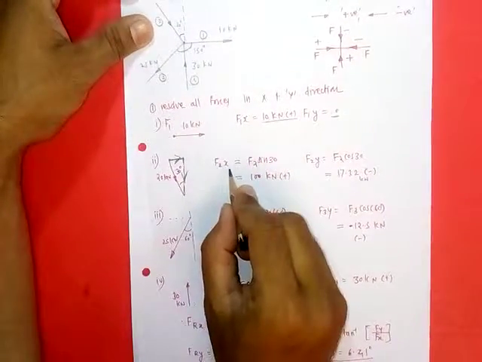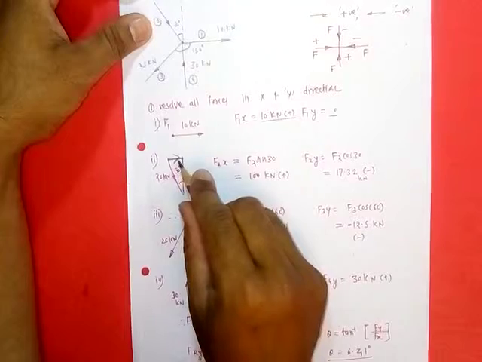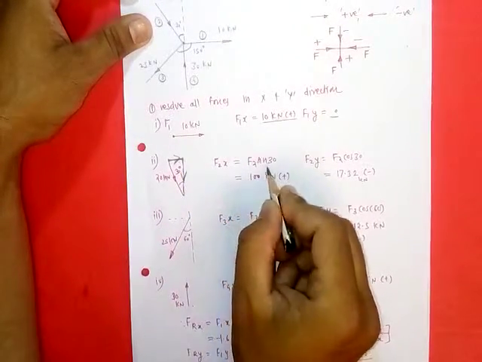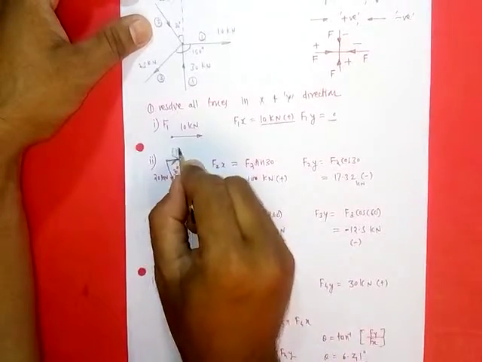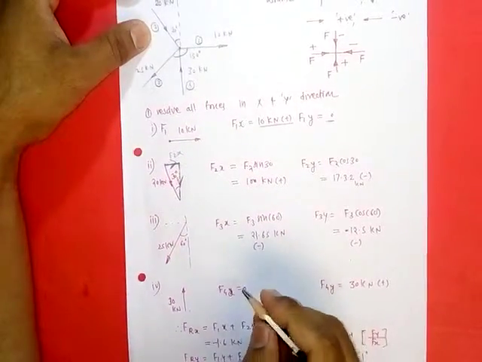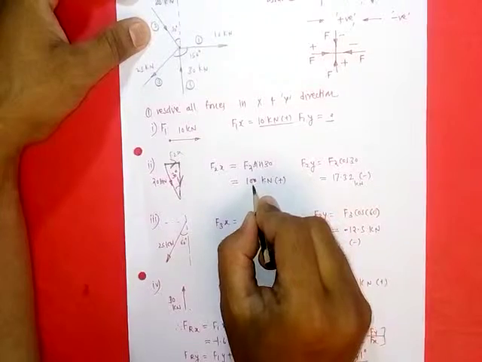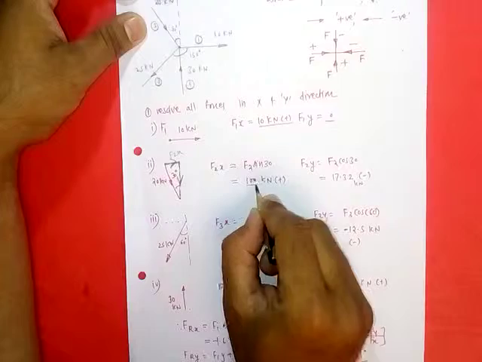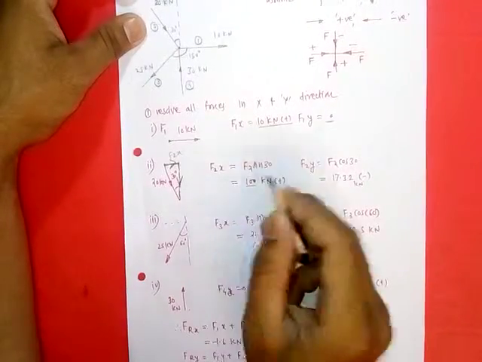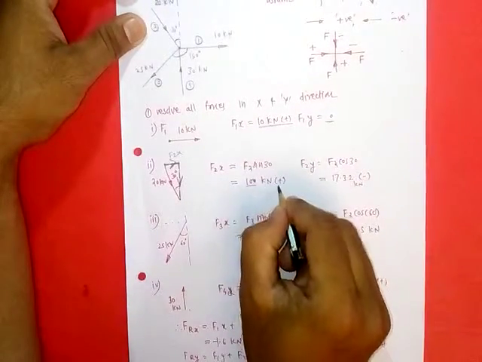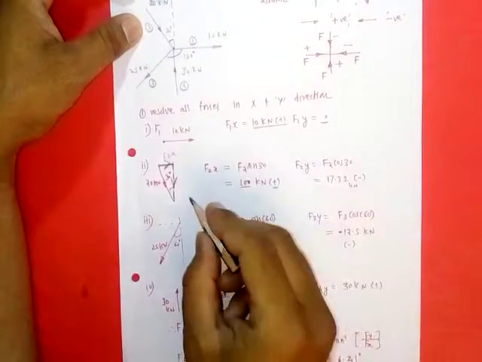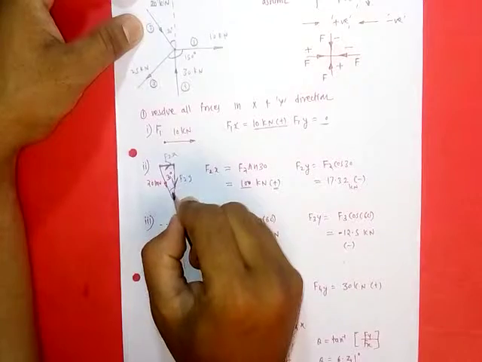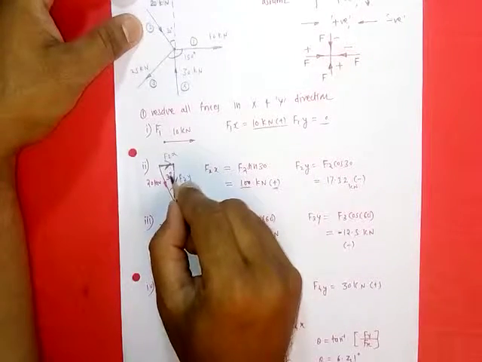So F2x is equal to the opposite side of the 30 degrees, so F2 sin 30. By putting values, it is coming 10 kilonewton, and as it is moving in the rightward direction, it is treated as positive. Then the vertical component F2y is moving in the downward direction, and this is the adjacent side of the 30-degree angle.